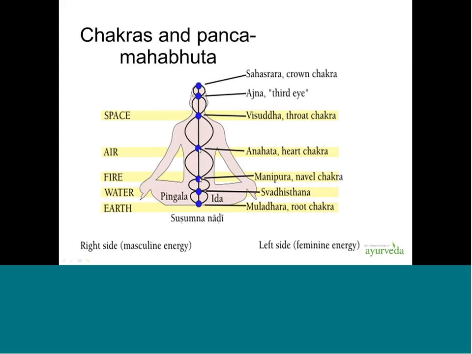Then Anahata, the heart chakra, is associated with air. So think about the function of the heart. The heart is the center of circulation. If the heart is not working properly, there is no circulation. There is no life. The heart is pumping blood. It is moving circulation throughout the body.